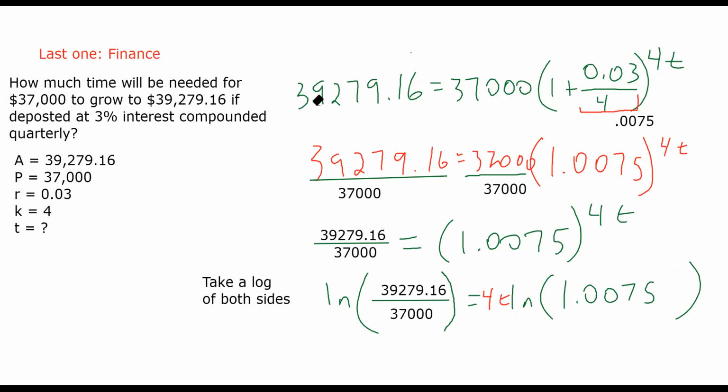Now I need to get t by itself. This is 4 times t times the ln of this business. So now I need to divide both sides by 4 times the natural log of 1.0075.